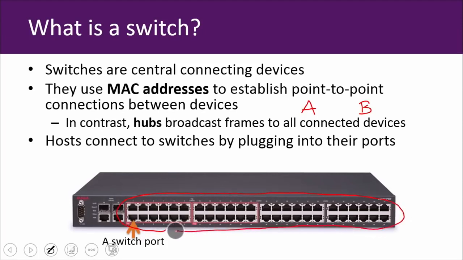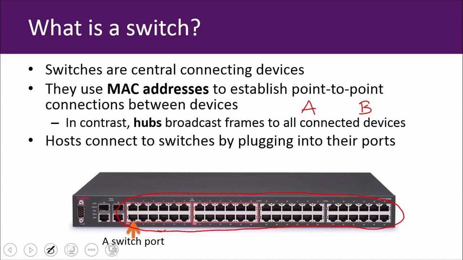If you take a look at this switch example down here, you see a lot of different ports, right? So there are a lot of devices that can connect to a switch. It's really important for security's sake that if you want to establish point-to-point communication, you actually are able to do that, and switches allow you to do so, okay? Hosts, of course, connect to switches by plugging an Ethernet cable into the host and into a switch port.